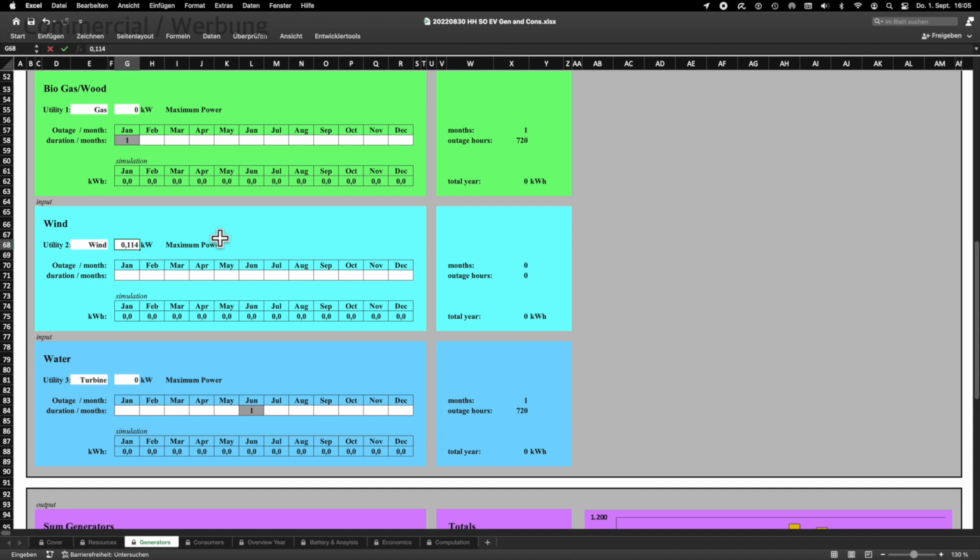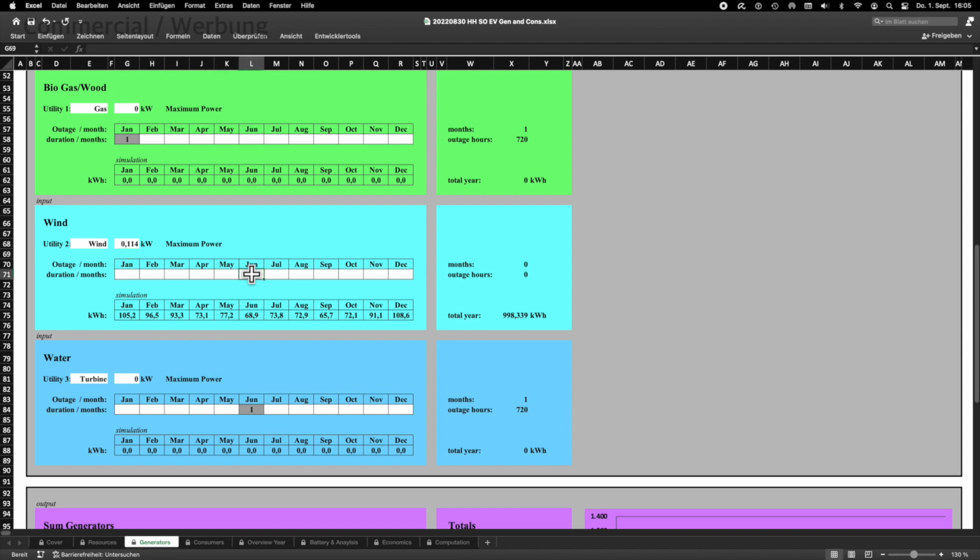Optionally, we can insert a maintenance period during which the turbine doesn't produce energy. Inserting the 1 in June simulates that effect.